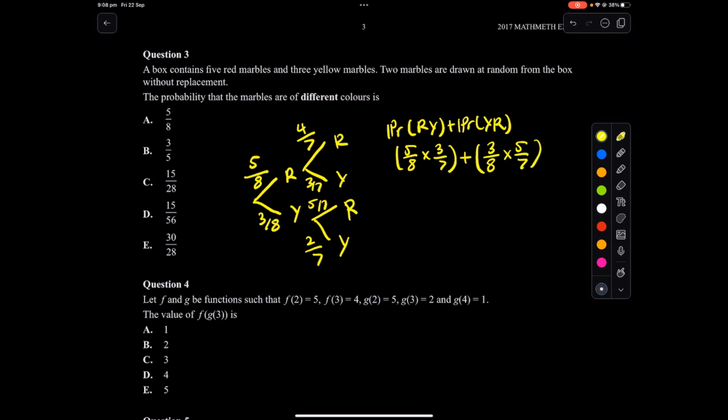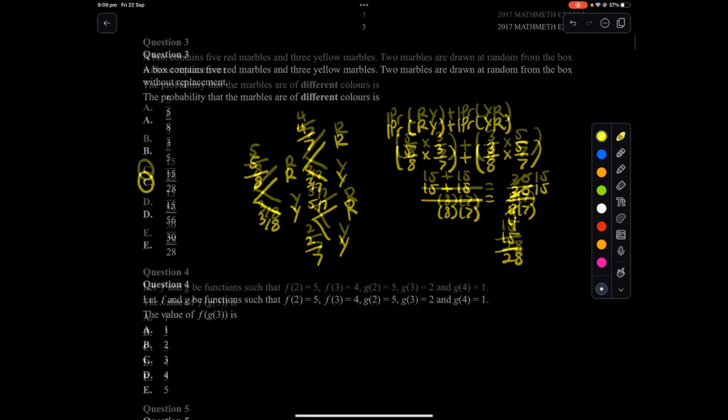This will equal 15 plus 15 all over 8 on 7, which is 30 on 8 on 7. That'll be 15 over 28. Choose C as your answer.